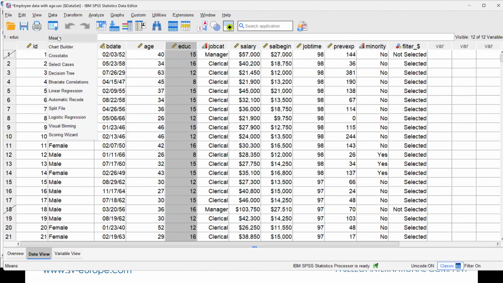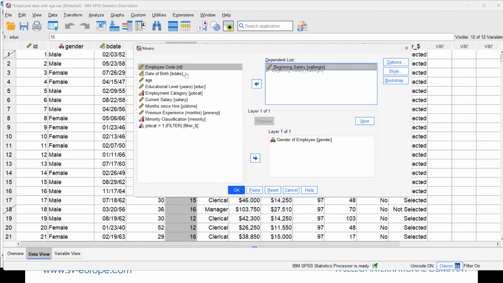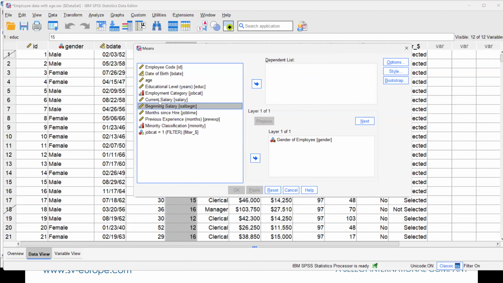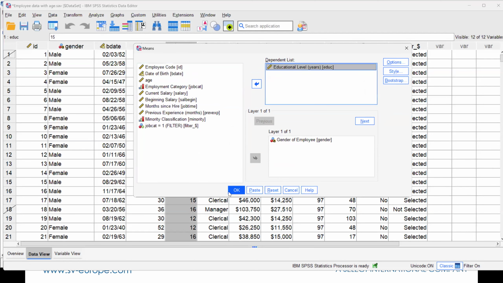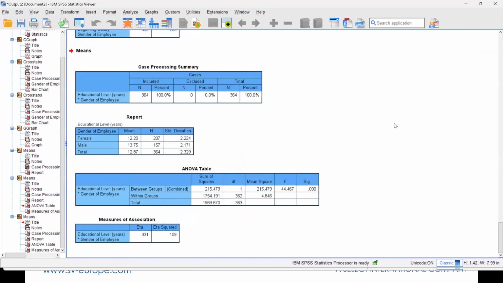So if I do a means table on that and check, instead of salary, just check education level in years against men and women. Well, it turns out that in fact the men do in this sample have more than 1 year's education on average, higher than the women.